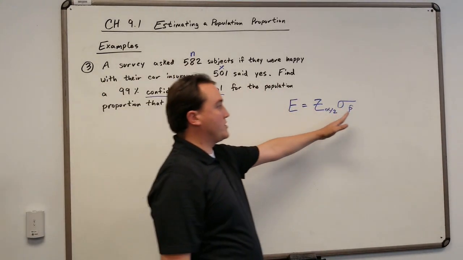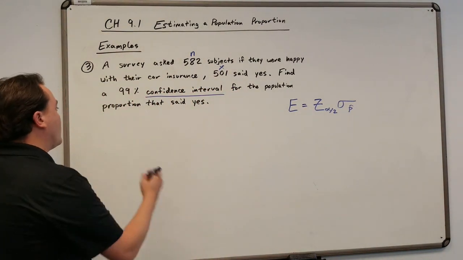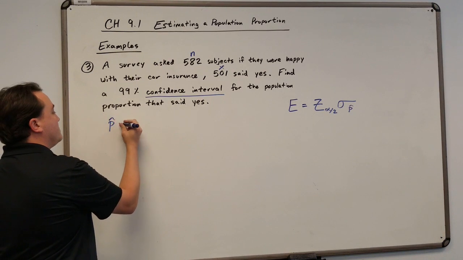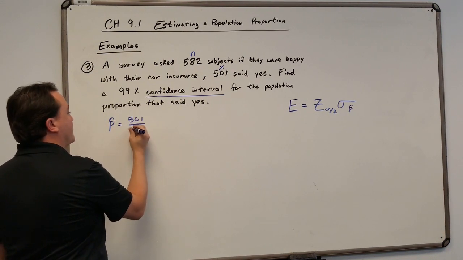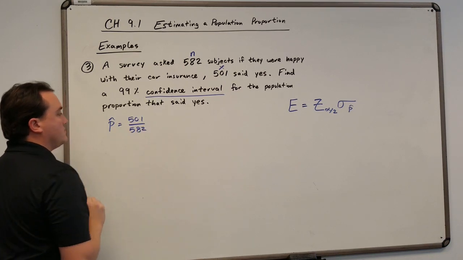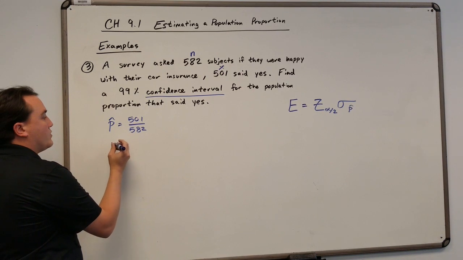And then we have our own equation for this. So first, let's figure out the numbers that we need. We have P hat is 501 divided by 582, x over n.